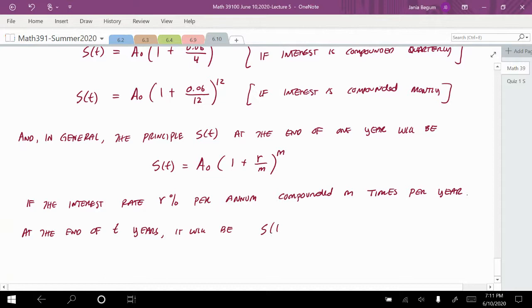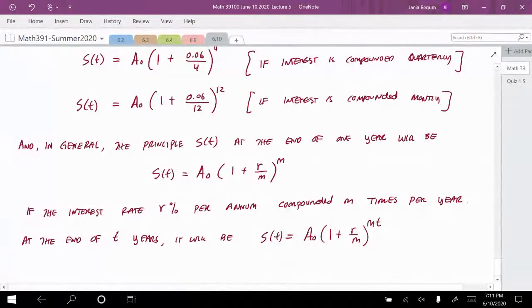You'll have S of t is equal to a naught times 1 plus r over m, to the power m times t. That will be the model if we compound m times per year.